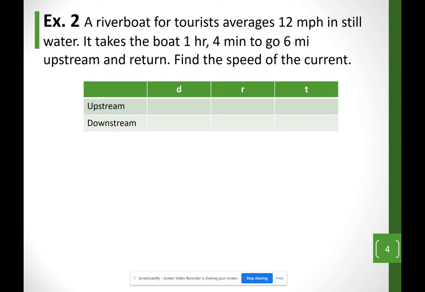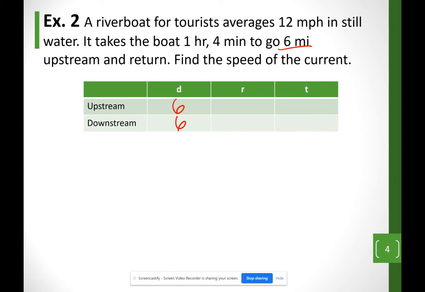So we're going to have a table. The D's for distance. It said it went up 6 miles upstream. So now downstream, it's going to be the same distance. Now the rate, I know the boat was going 12 miles per hour. That's the engine. Now upstream, I'm going against the current.